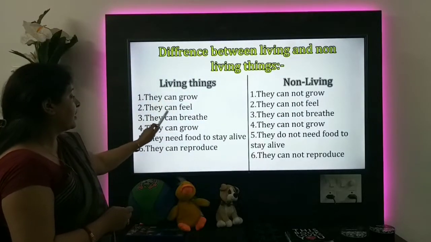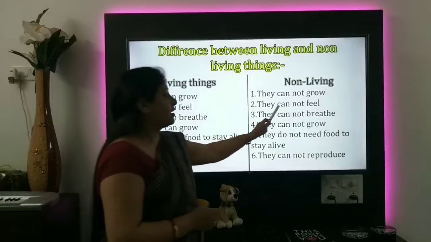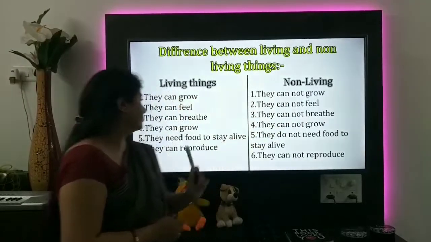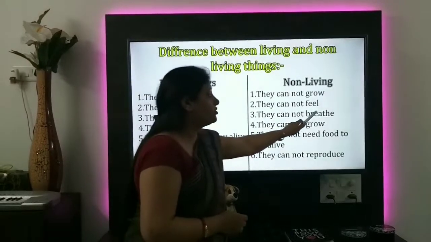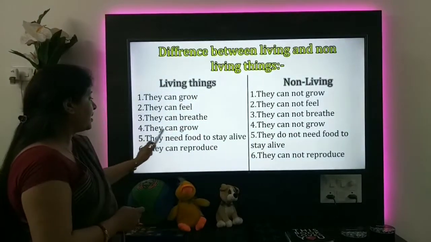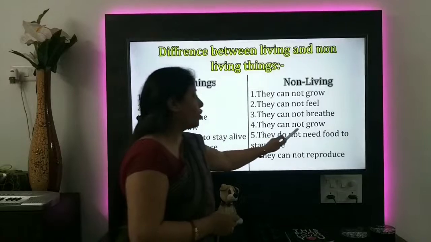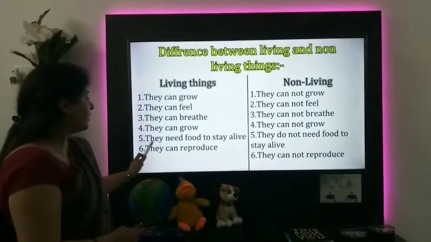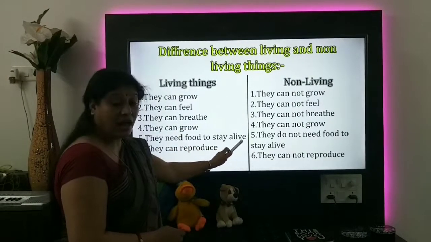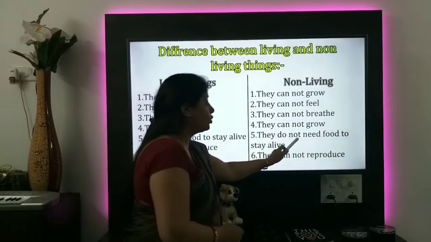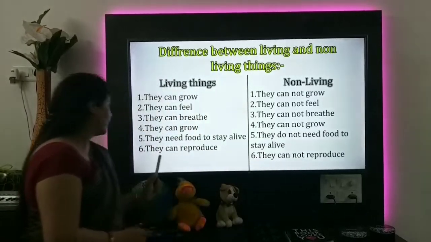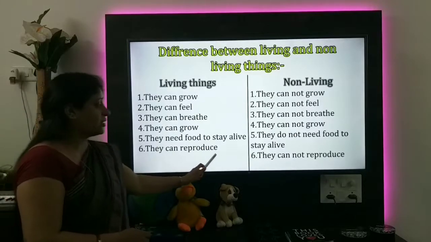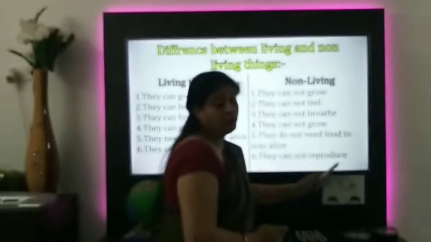Living things, they can feel; non-living things, they cannot feel. Living things can breathe; non-living things cannot breathe. Living things need food to stay alive. Non-living things do not need food to stay alive. Living things can reproduce; non-living things cannot reproduce.